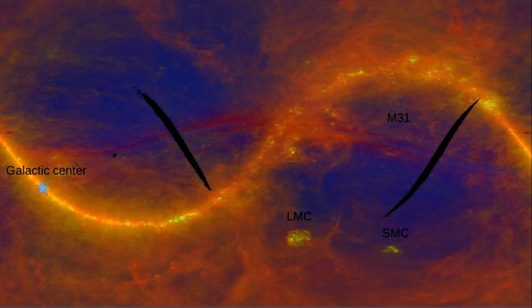In the IRAS infrared 100 micrometer band, we see the galactic plane. [...] parsec from the sun, comparing to M31 located at 700 kiloparsec.